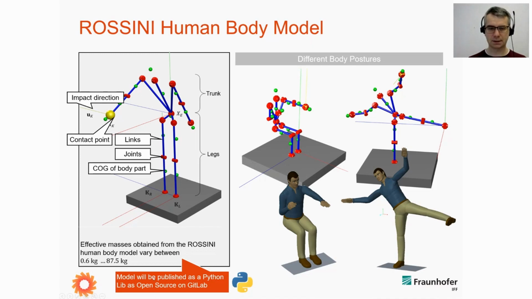The good thing here is that this model will be published, I hope soon, at the Python lab, and will then be available as open source in GitLab. So everyone who's interested in using this model can download it and use it. But we still need to figure out which license model we need for this kind of open source.